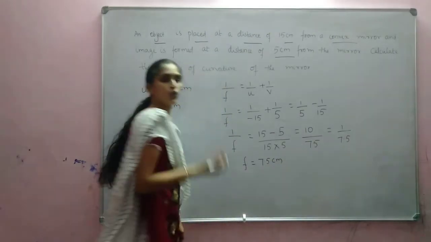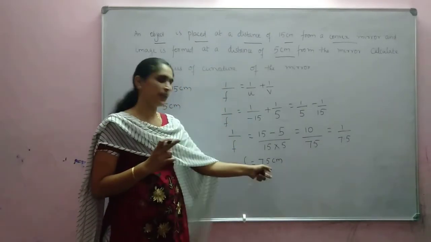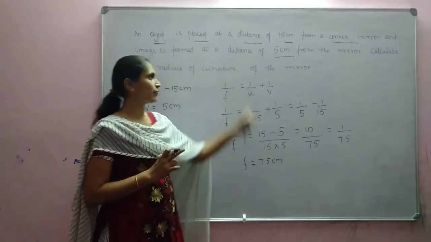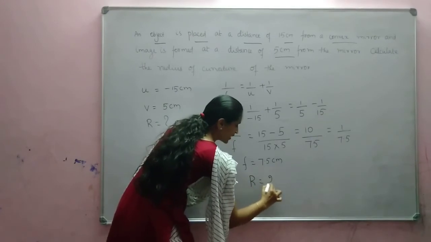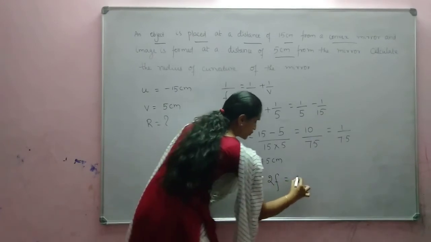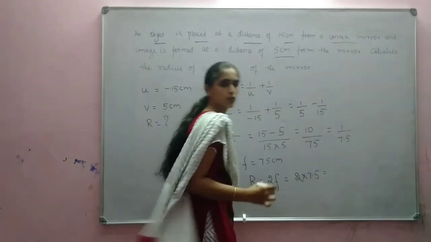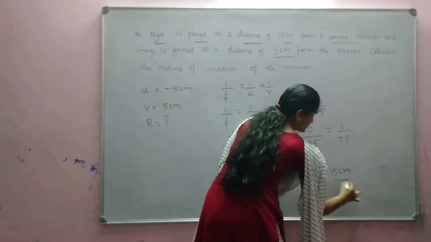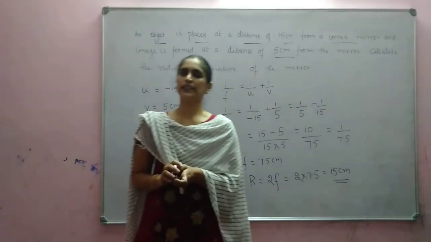So even though we applied sign convention only to the given quantities, we got focal length as positive. And if we know f, we can find the radius of curvature. Radius of curvature is 2 times the focal length. So 2 into 7.5, which is equal to 15 centimeter. Okay, is it clear? Now we will discuss the next problem.